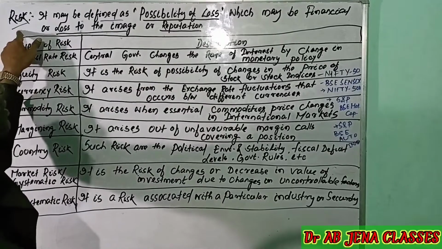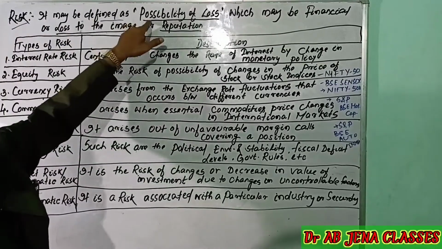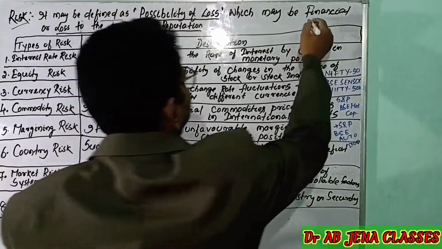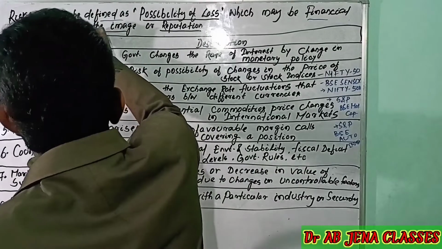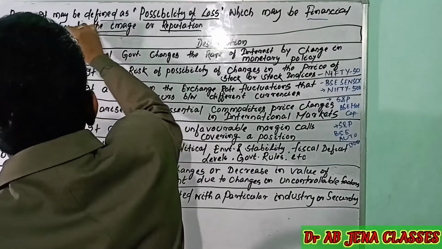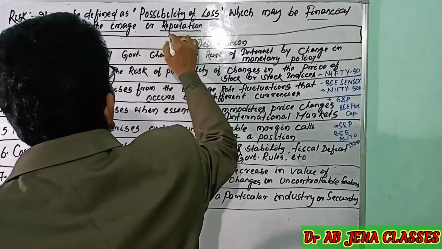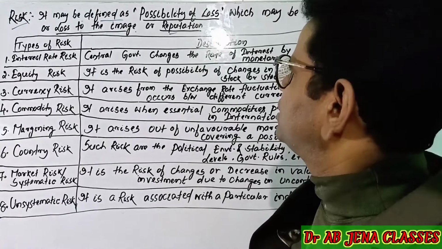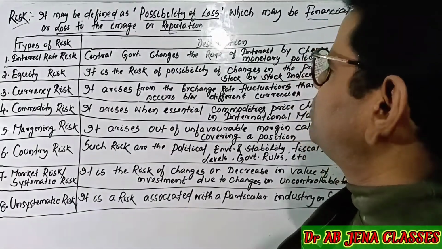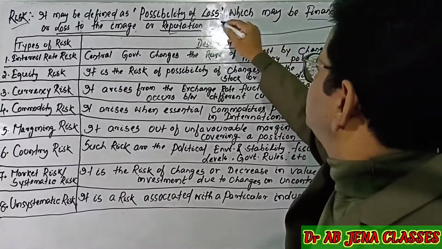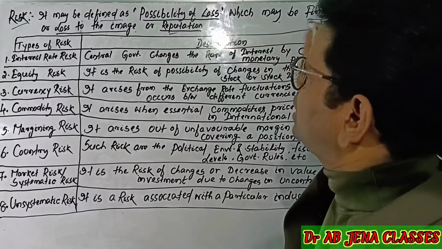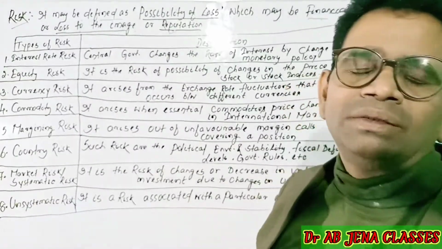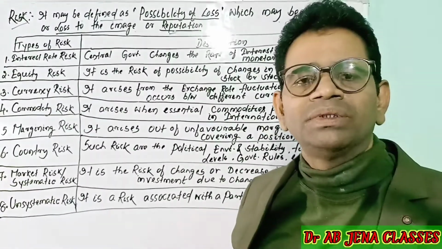When risk is concerned, there will be the possibility of a loss, which may be a financial loss or the loss of image or reputation. Again, risk may be defined as the possibility of a loss, financial or of image or reputation, from the point of view of a natural person or an artificial person.